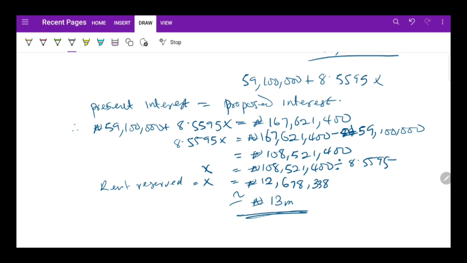So if the landlord is going to enjoy being on the same level as if he was earning the FRV, what he should be taking should be 13 million naira per annum. Okay, why is this less than the full rental value of 15 million? The reason is because he has already enjoyed that benefit of the remaining lease that is being surrendered to him, right?